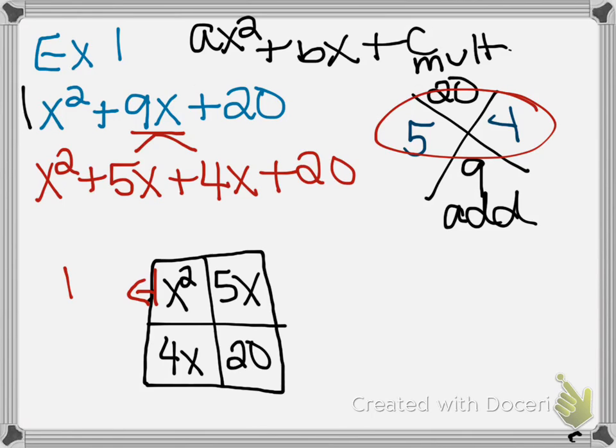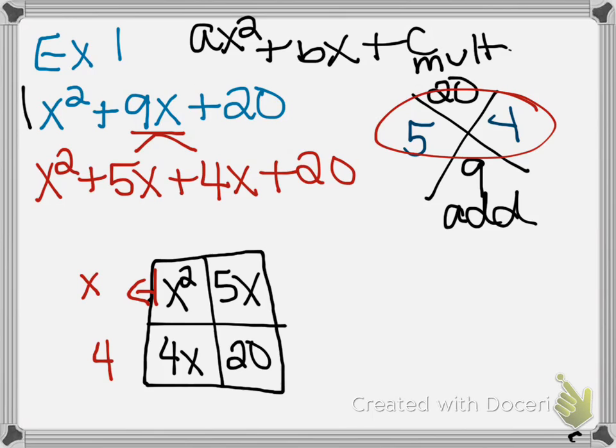We can write that 1 there if we want. And then between x squared and x, they each share 1x. I'm just going to start writing just x instead of putting that 1 in front of it. Over here I want to figure out what my greatest common factor between 4x and 20 would be. So my greatest common factor for those would just be 4.